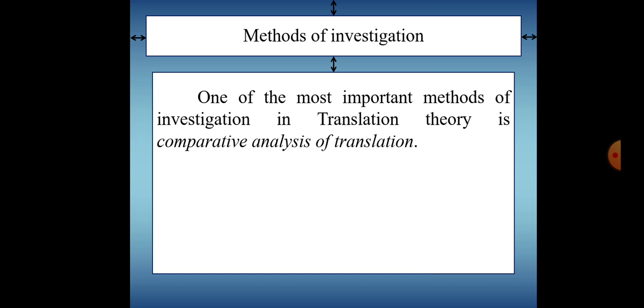It is possible to compare two or several translations of one and the same source text. Comparative analysis gives the opportunity to find out how typical difficulties of translation are overcome, difficulties connected with the peculiarities of languages, and what elements of the original text are not transmitted in translation.